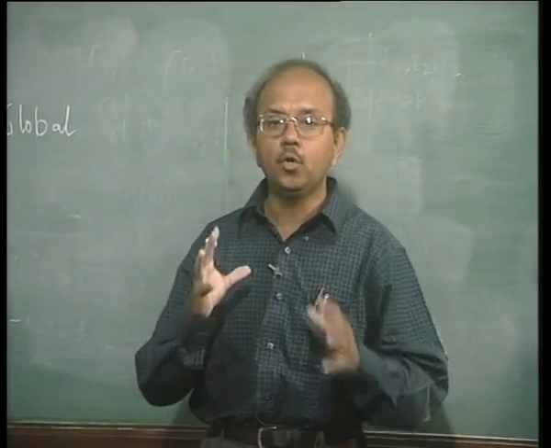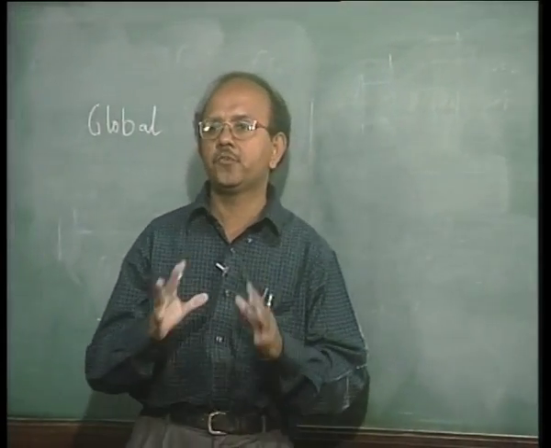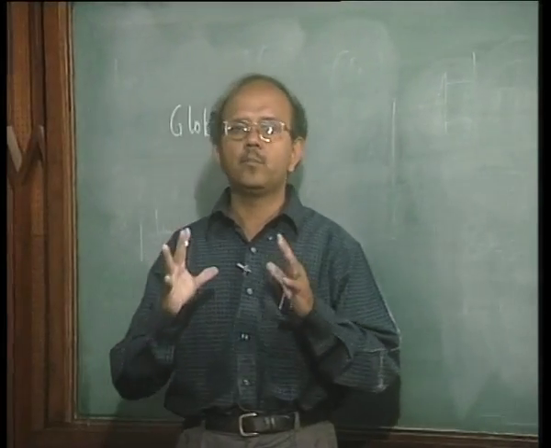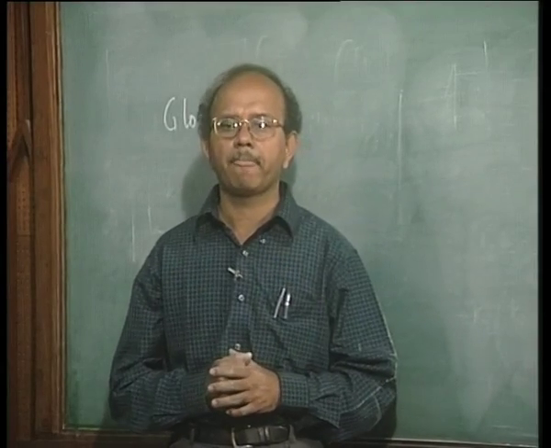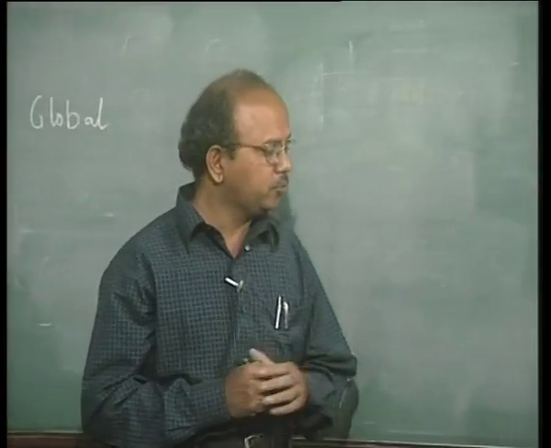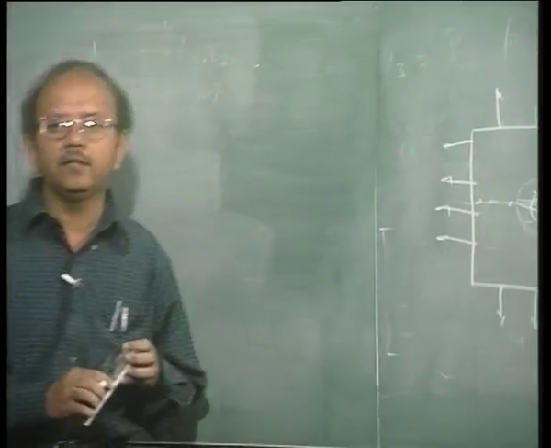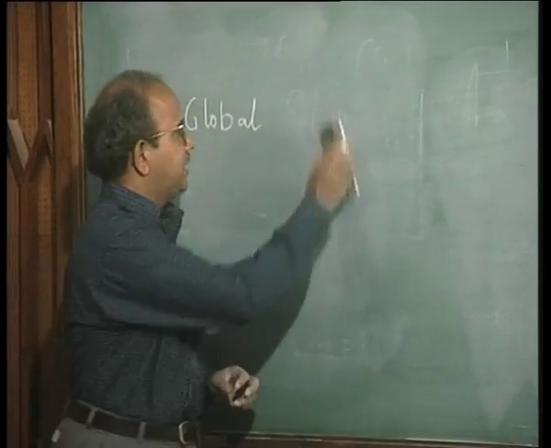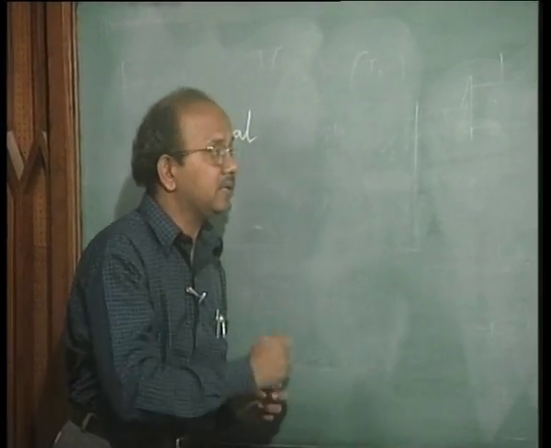Is that clear? So we have to put stress in a much more proper perspective. Okay, and what is it that we are going to do for that? We are going to define what is called as state of stress at a point ultimately.